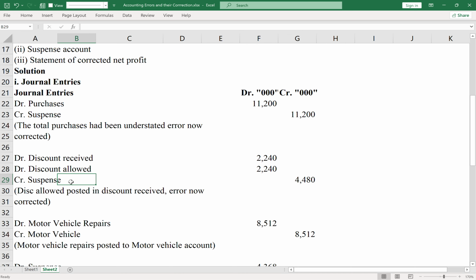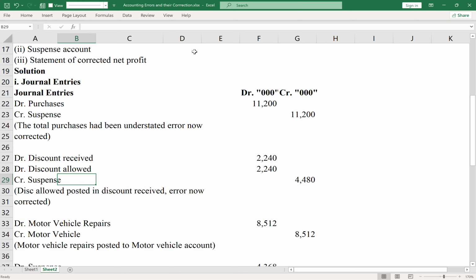Then we credit the suspense account. When we add both of these, we get 4,480,000. The narration is: discount allowed posted in discount received, error now corrected. So the discount allowed had been posted in the discount received.